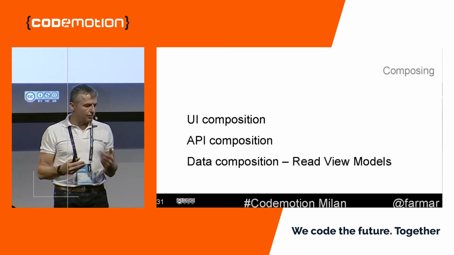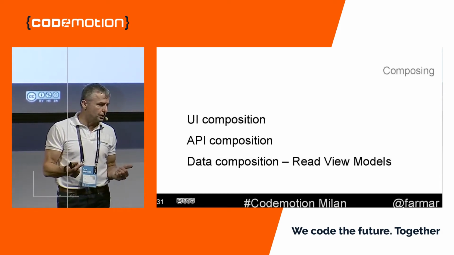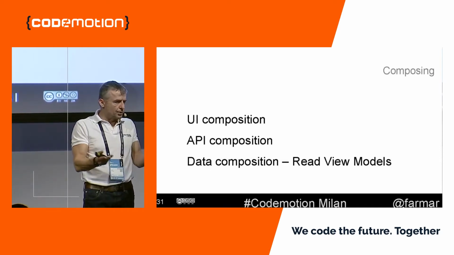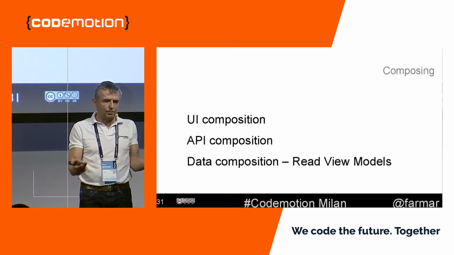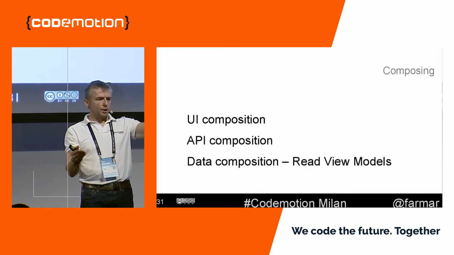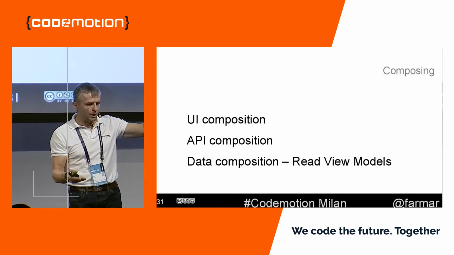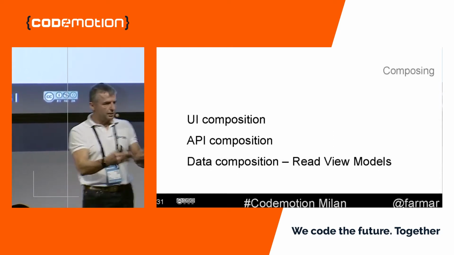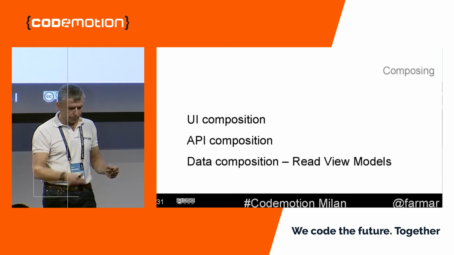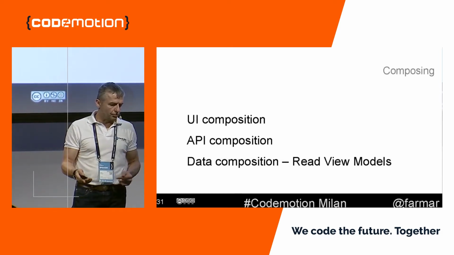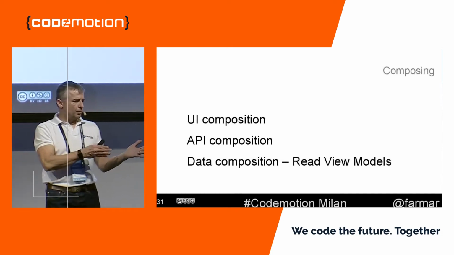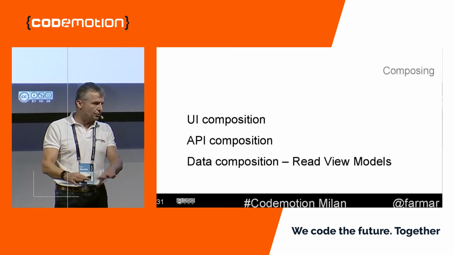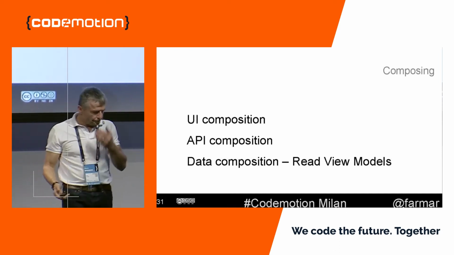So we have concepts like UI composition, and API composition could be the same thing, right? I could have an API that exposes a coarse-grained API for writing and a coarse-grained API for reading, and they provide data for each of my components, but I aggregate them and hide the aggregation from my customers, okay?